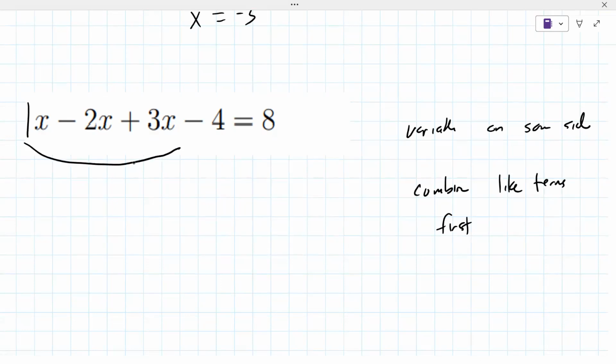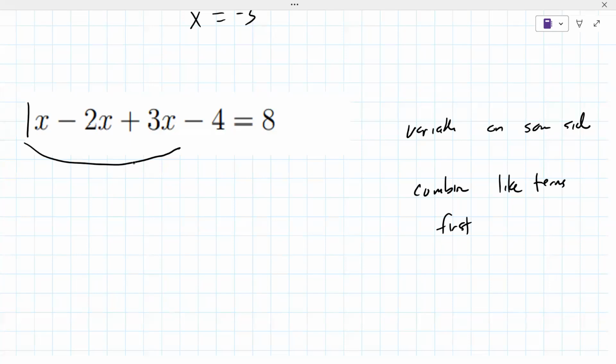So what does 1x minus 2x plus 3x become? 4x. Wait, try again? -4x.